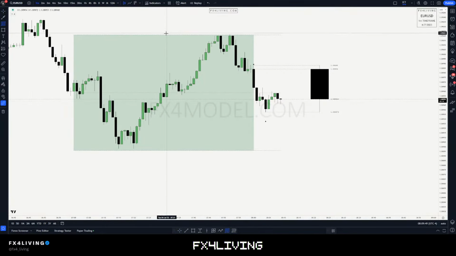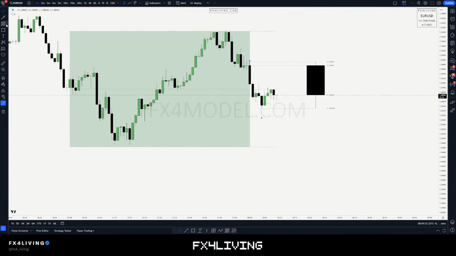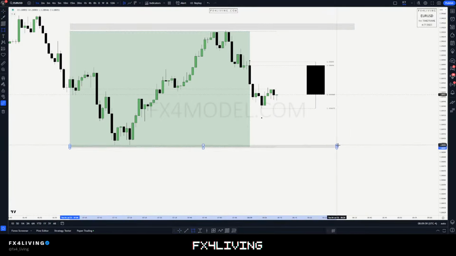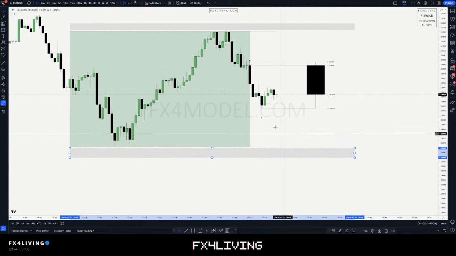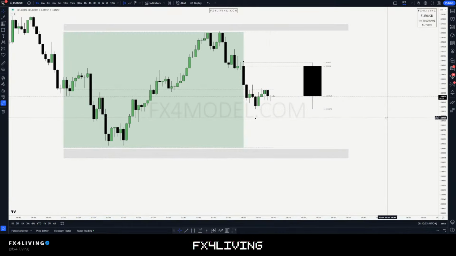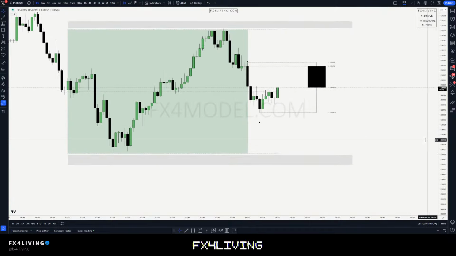So we actually are in discount. But I would like to see an external liquidity taken out on this setup. I don't want to take anything inside this range, not my goal. And I'm literally just watching for today. No trade, no trade.